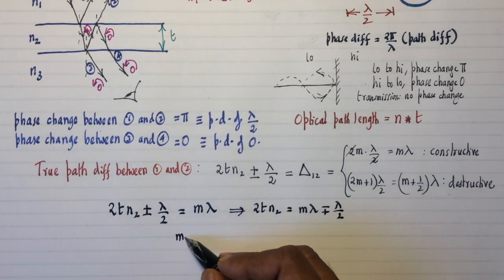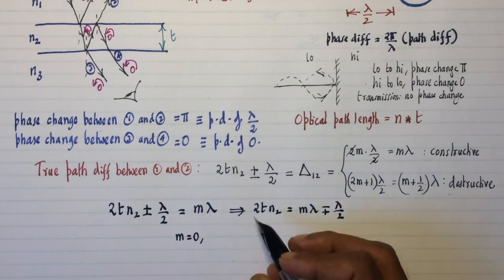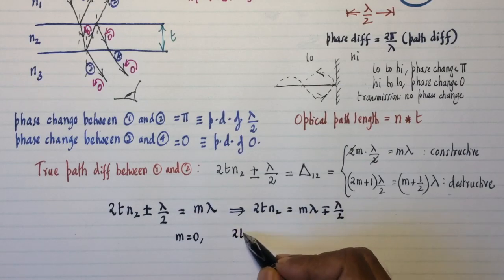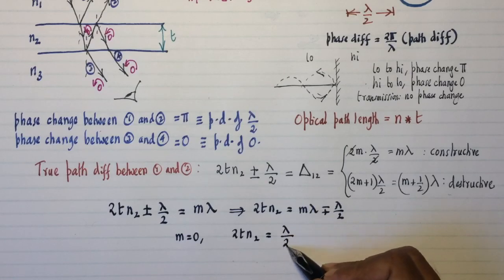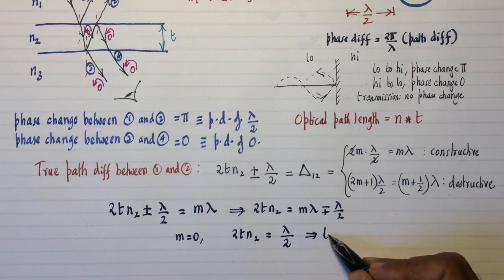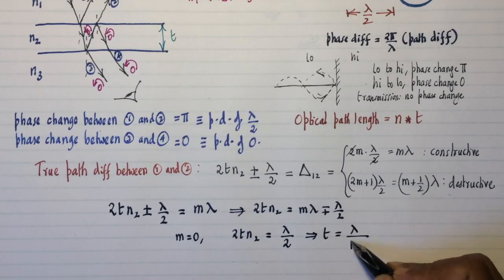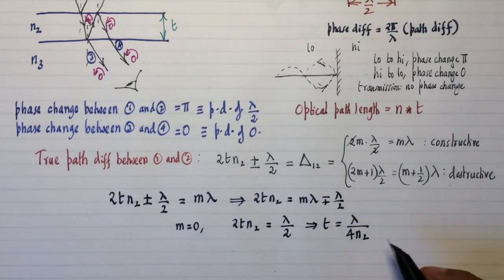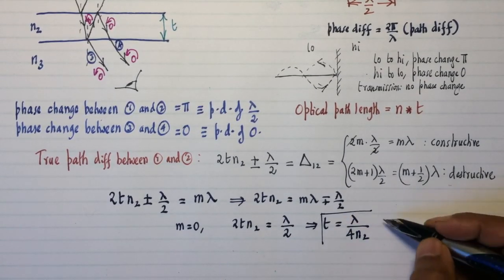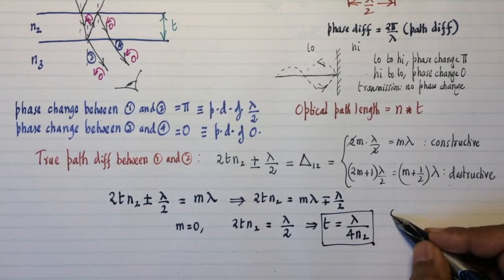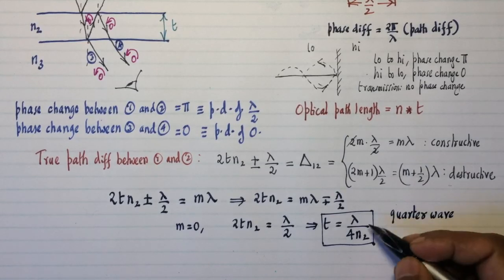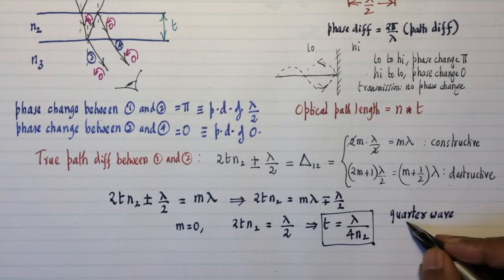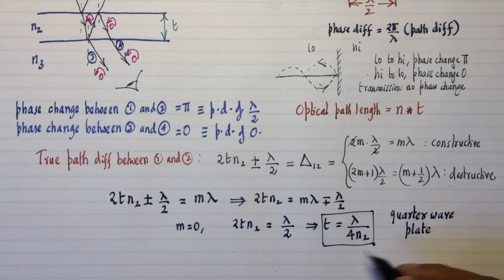Let's choose m equals 0 and the plus sign, so I'll get 2t n2 equals lambda by 2, which tells me that the thickness t equals lambda by 4 n2. This sort of result is very important. This is called a quarter wave plate in optics because of the lambda by 4, that's where the quarter comes from. And a wave plate refers to the smallest thickness of something that will cause reflection.